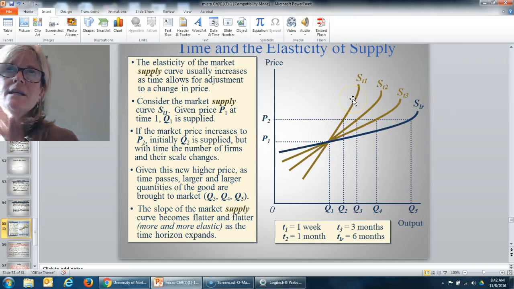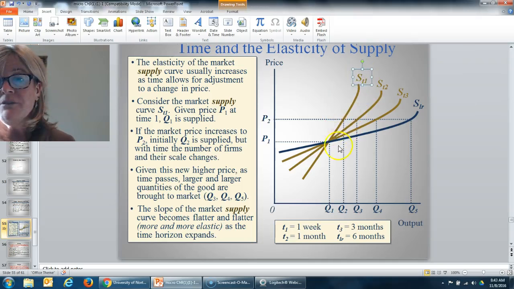And what we see is that over time the elasticity may change, that it'll become more elastic in the longer run. It's cheaper to supply goods and services over a longer term compared to if you need it next week. If you need it next week, which is the short run, you're going to have to pay more for it. Now, if you don't need it next week, you can wait a while.